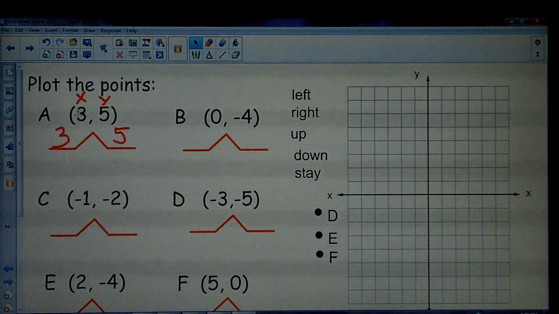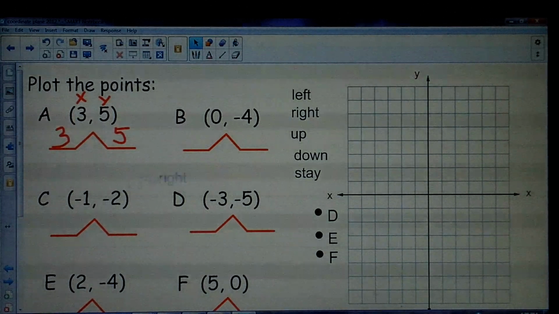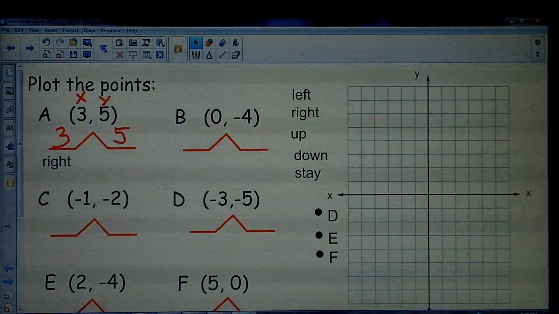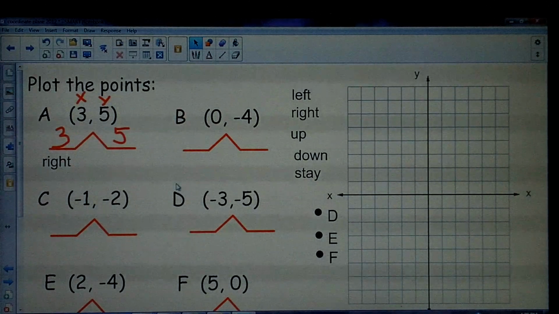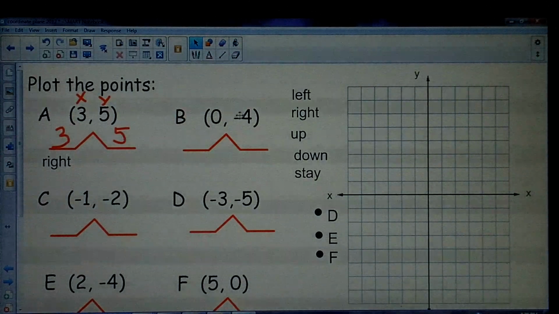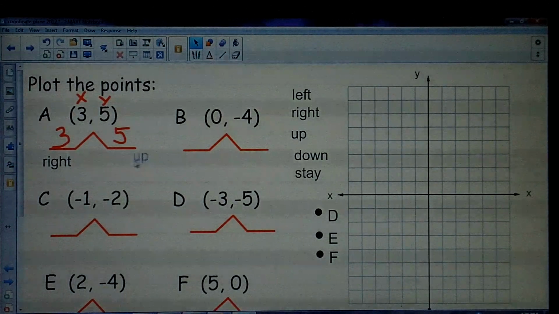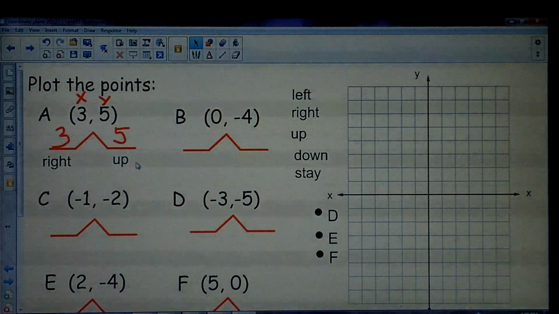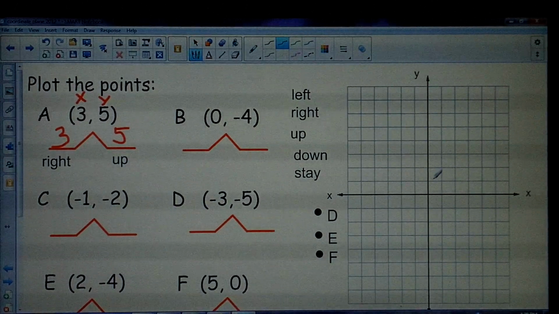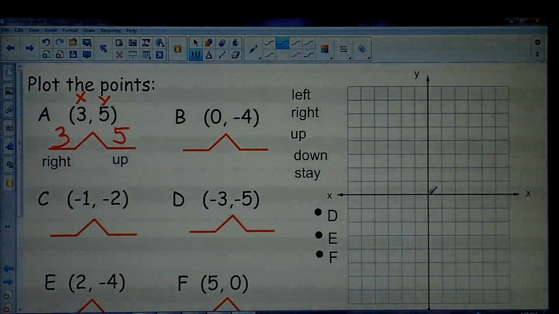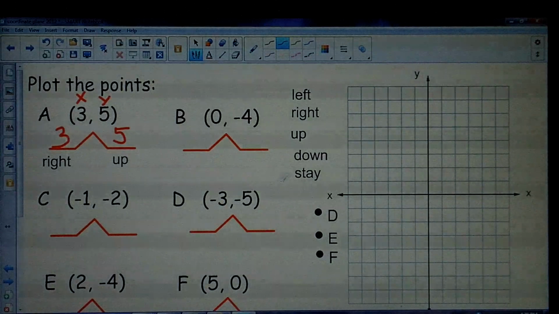Positive 3 for the x means to go right 3, because that's where the positive numbers are on the x-axis. And the positive 5 for the y means to go up 5, because that's where the positives are on the y-axis. Now we're going to come over here and we start in the origin where the (0, 0) is. And we're going to read our directions.